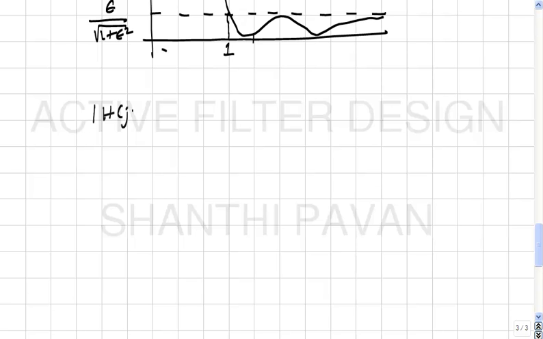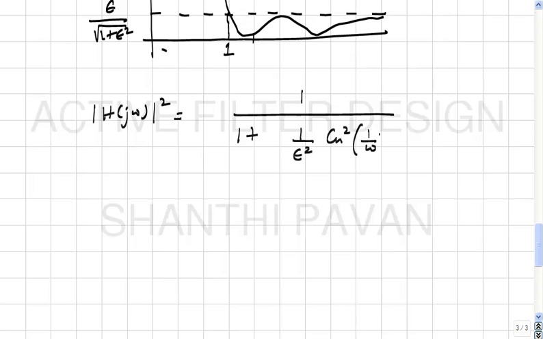Mod H of j omega square for the inverse Chebyshev is 1 by 1 plus 1 by epsilon square Cn square of 1 by omega. This is what we derived.